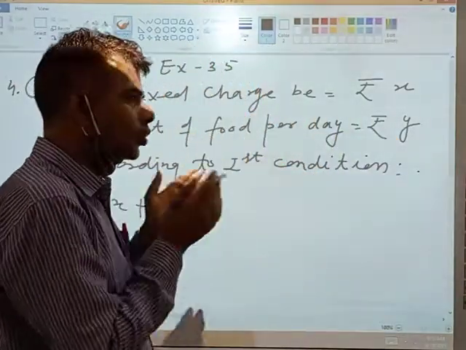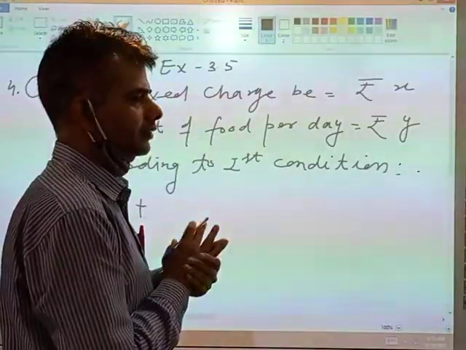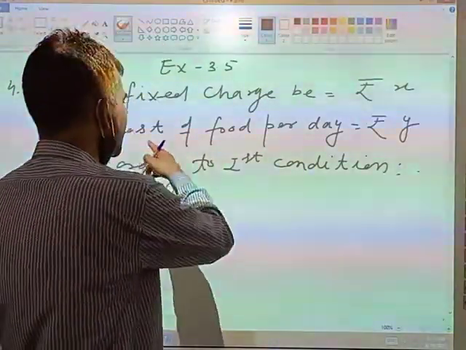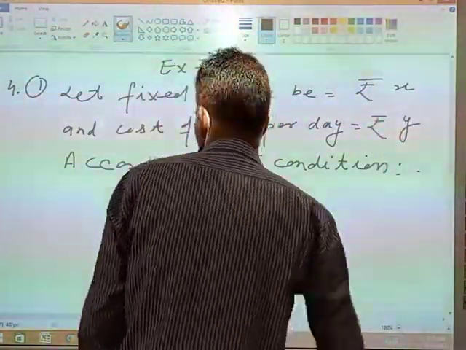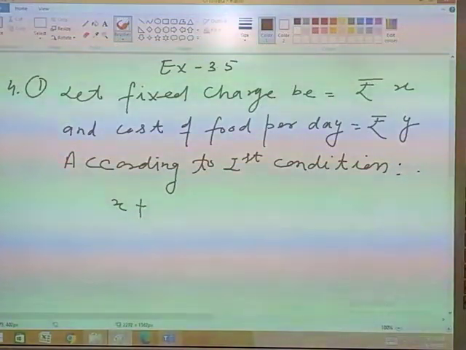Then what will be the cost of food for 20 days?